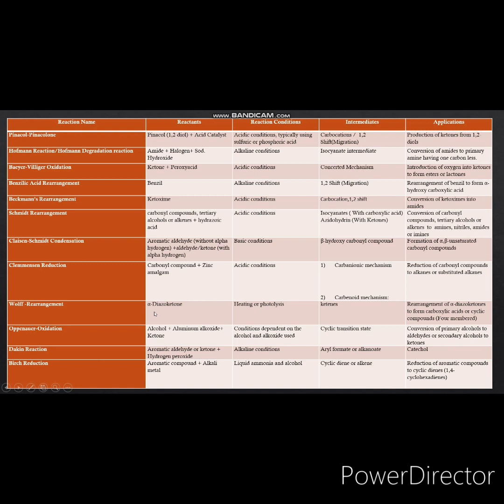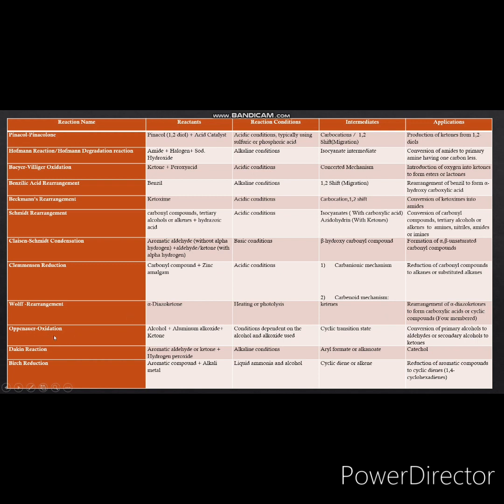Here the reactant is an alpha diazoketone, and in this reaction we have to heat or we have to use light, which is known as photolysis. The ketene is the intermediate, and the product is a carboxylic acid or a cyclic compound, which is four-membered.